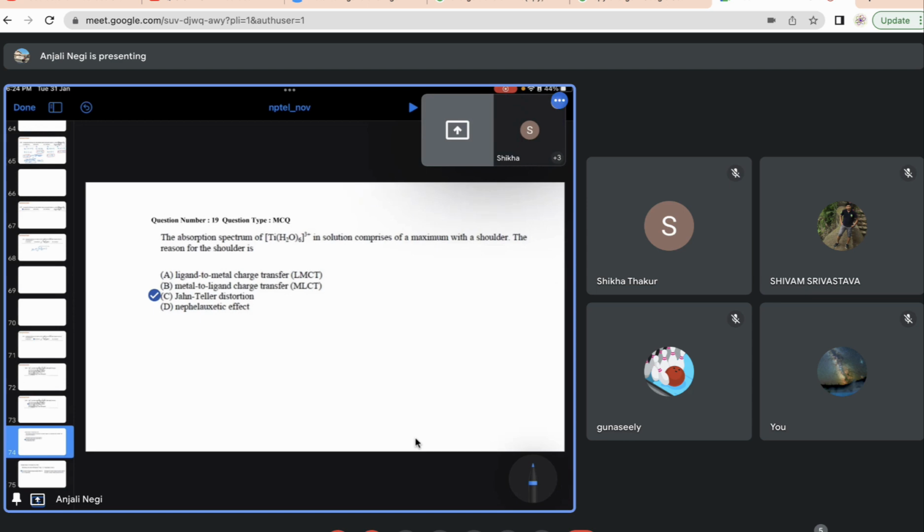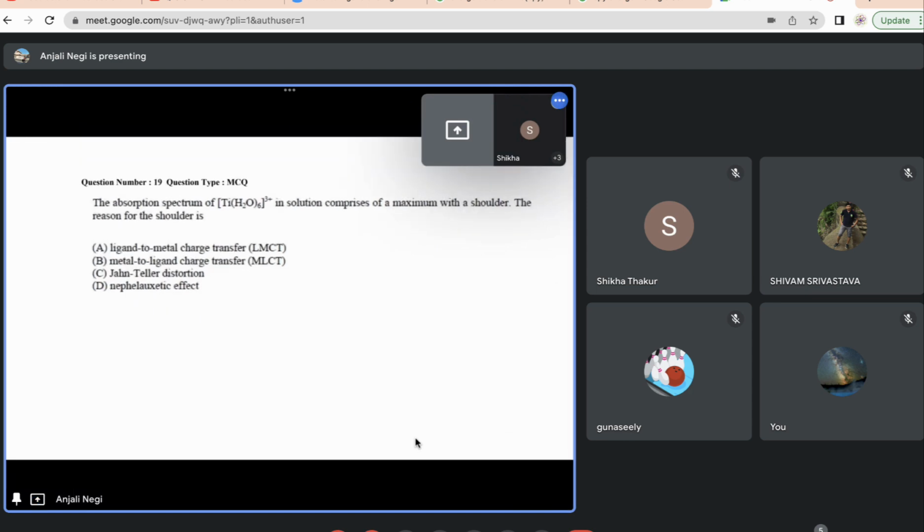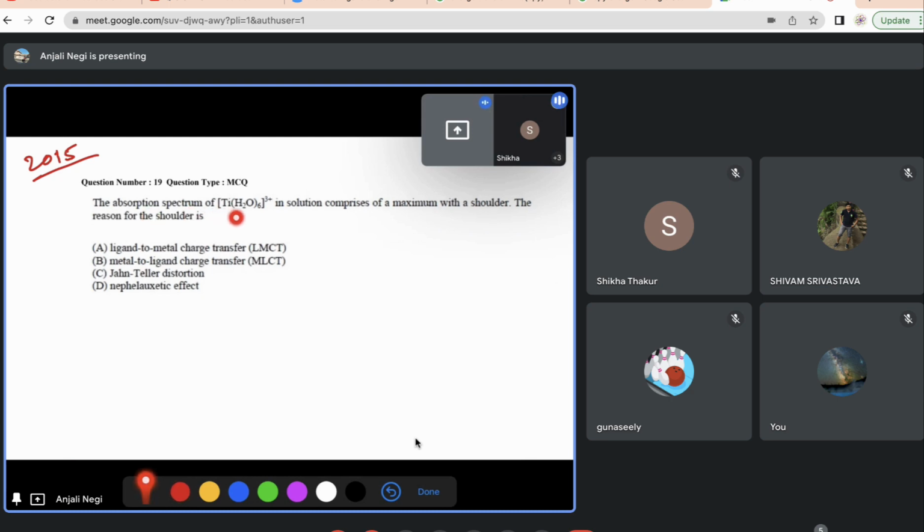Okay, so I will continue. This is again a 2015 GATE problem. The question states that the absorption spectrum of the given complex in solution comprises a maximum with a shoulder.